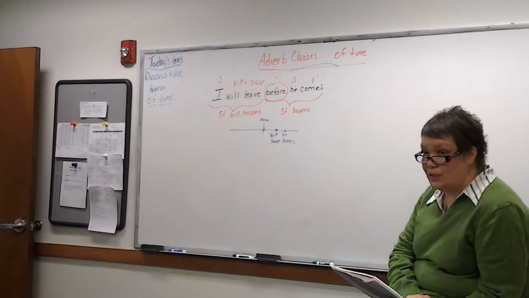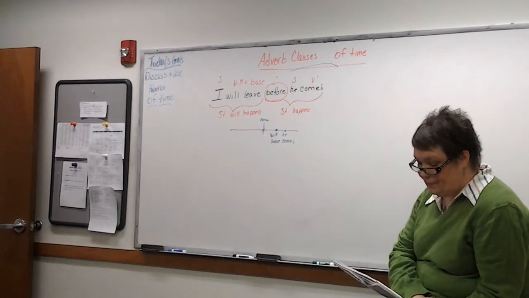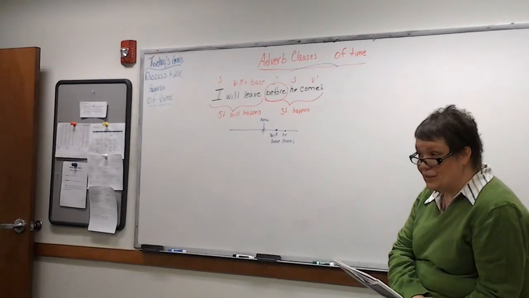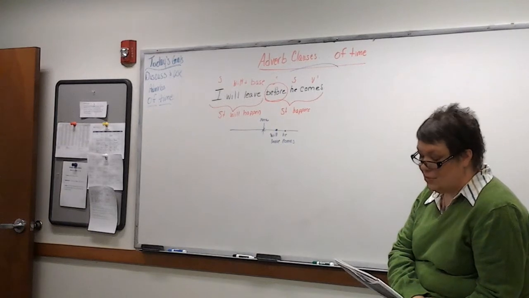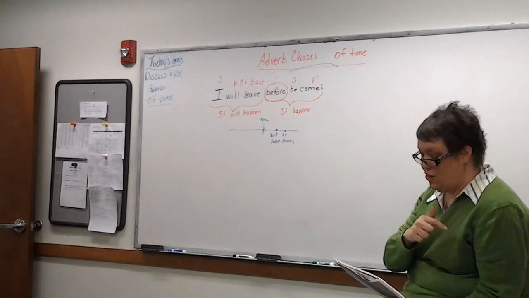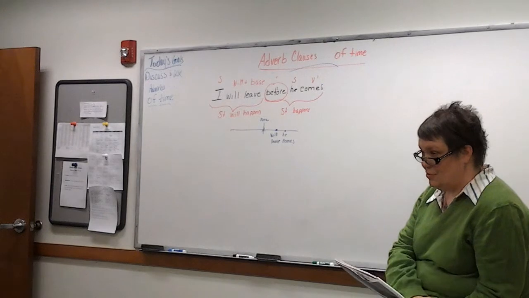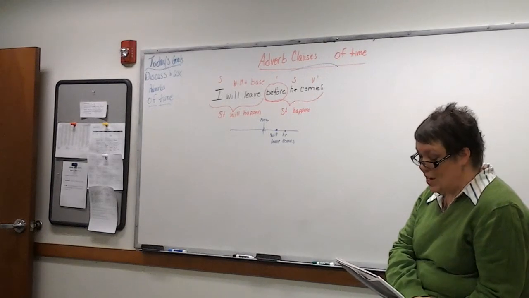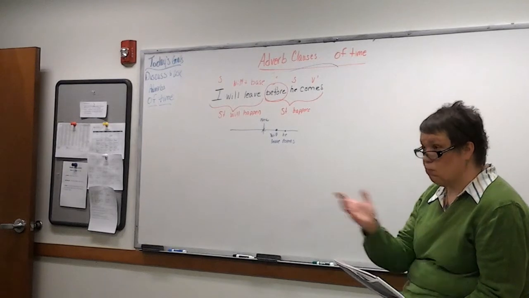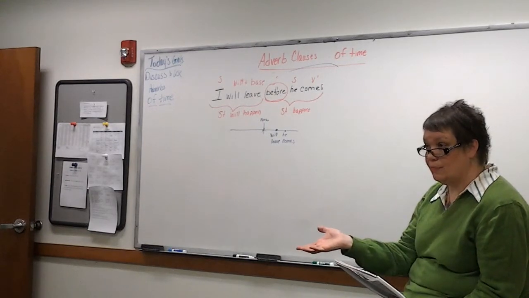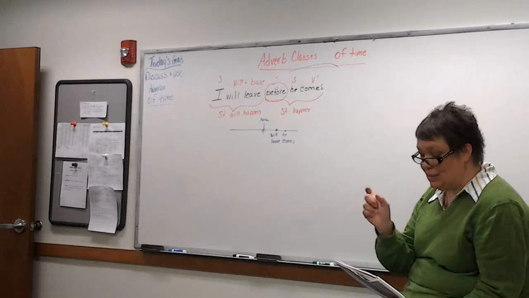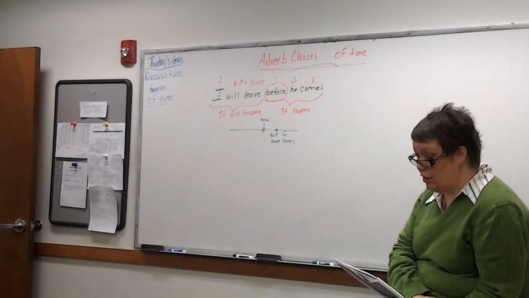What about F? Let's read F. Abdul Rahman. When I got there, he had already left. We've done these two, right? All we're doing is naming that when part, when I got there.